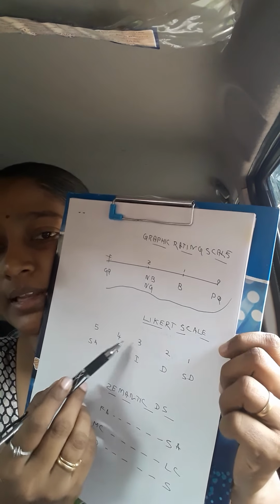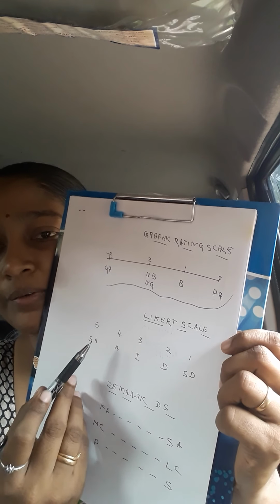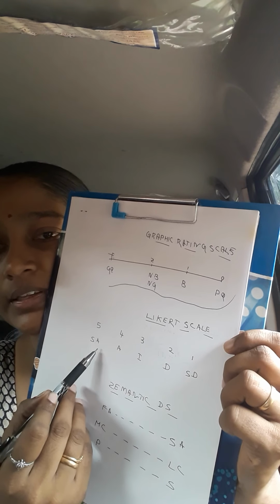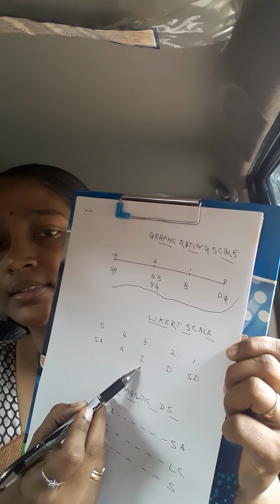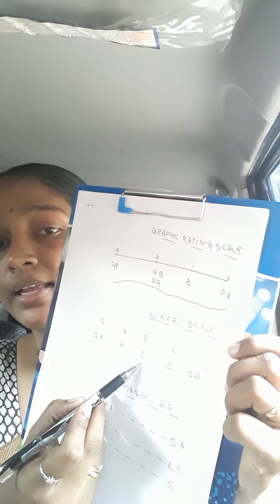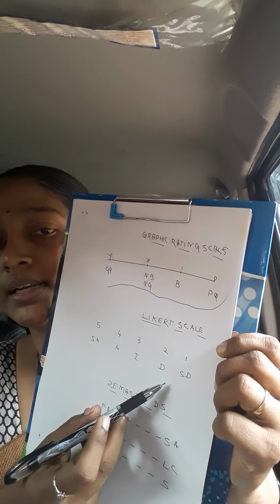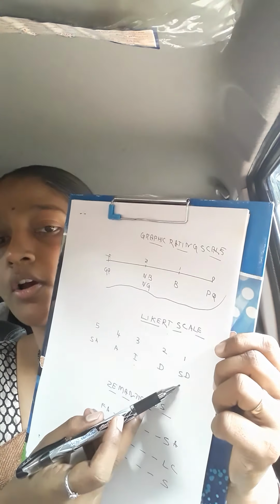See here, this will be a Likert scale. There will be a 5-point rating scale where 5 is strongly agree, 4 is agree, 3 is middle or indifferent, 2 is disagree, and 1 is strongly disagree.